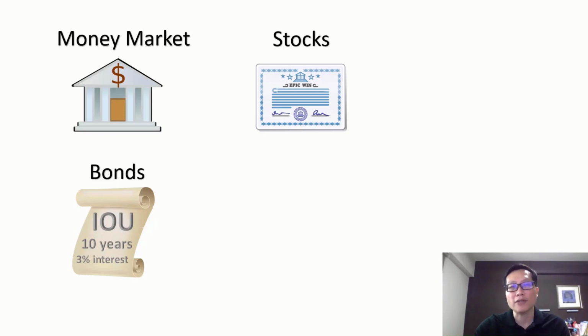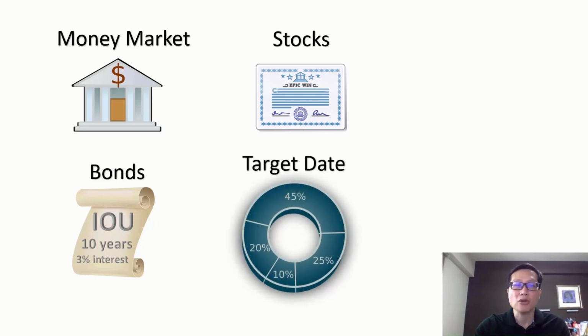Next, we of course have the stock mutual funds, which invest in company stocks to attempt to participate in the long-term capital appreciation as well as the dividends from stocks. There are also target date, or commonly known as life cycle, mutual funds. Such funds offer diversified portfolios to match the life cycle of the investor.